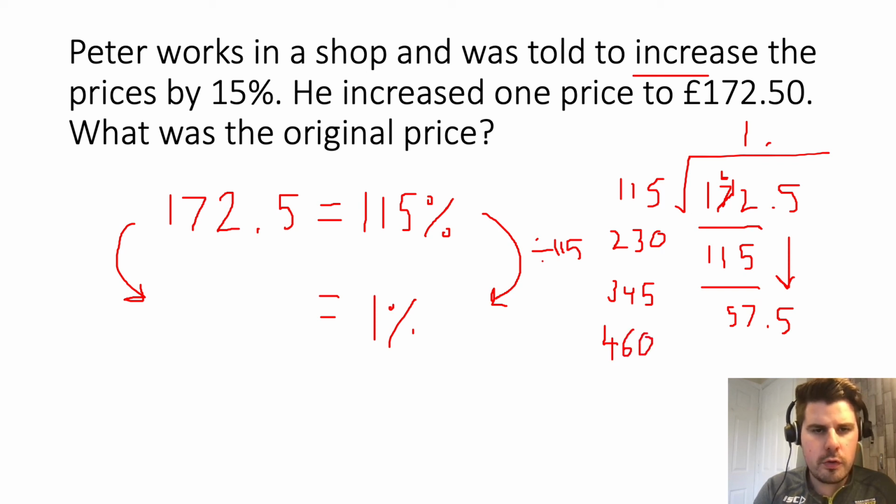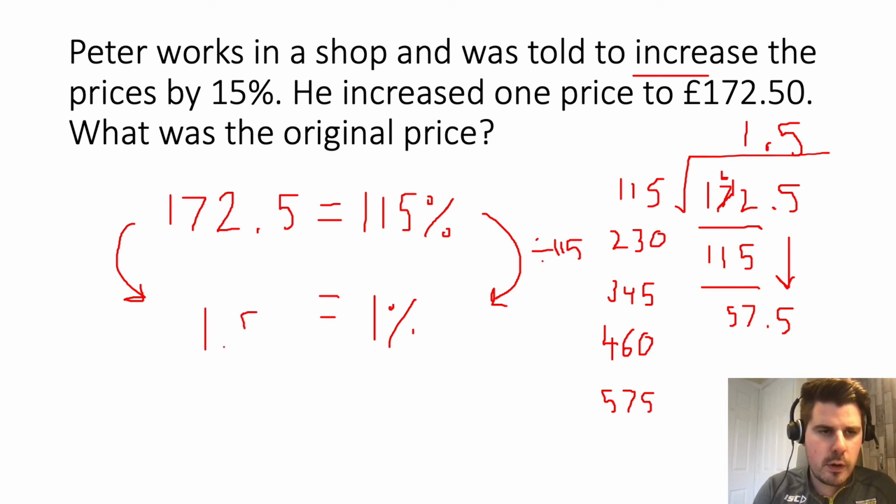And another 115 would be 575. Perfect, that is an exact match. So it goes in 1, 2, 3, 4, 5 times. You notice that I've remembered to put the decimal place exactly where it went in the original question so that I get the right amount. So it's 1.5. That is my 1%.